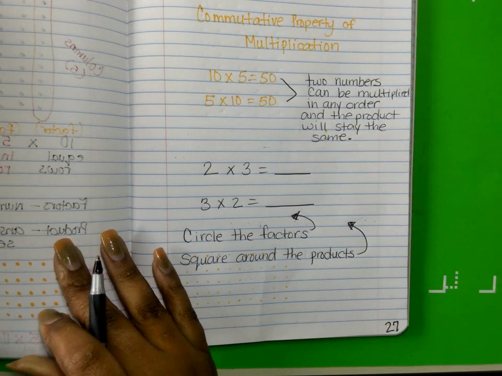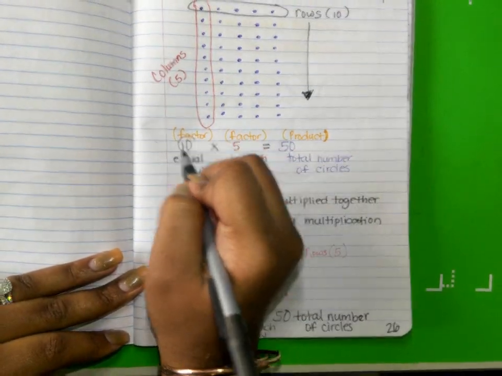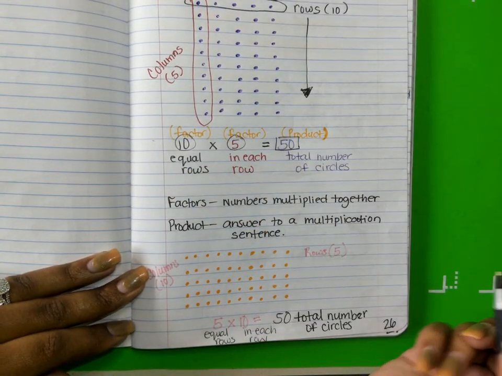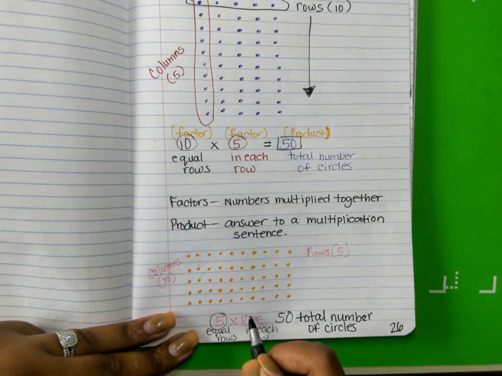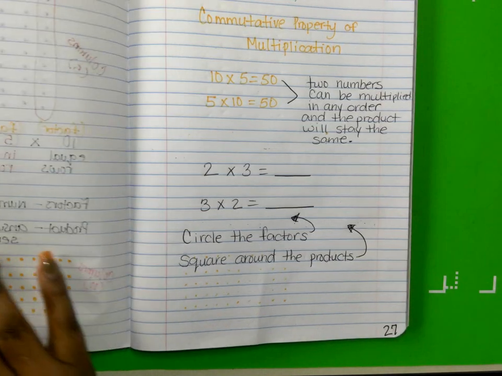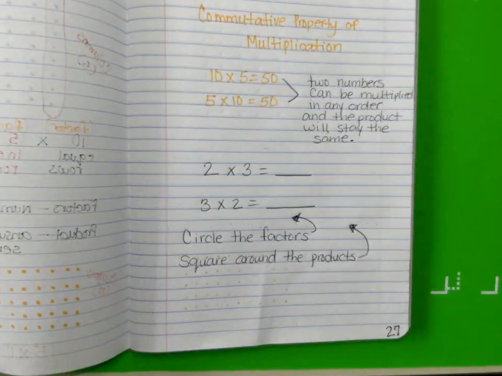For example, if I wanted to circle my factors here and put a square around my product, I can do that here, and my factors here and my product here. I want you to do the same in these two problems right here. All right, see you tomorrow.